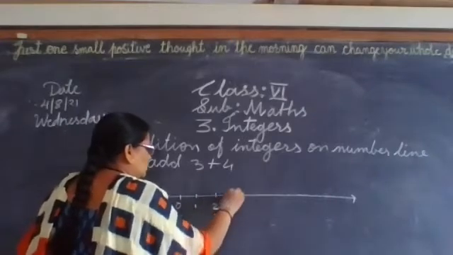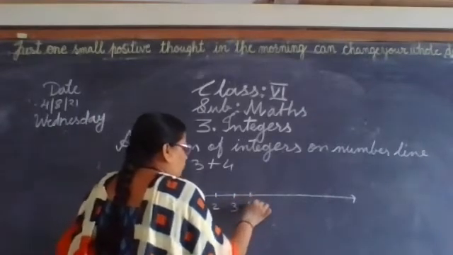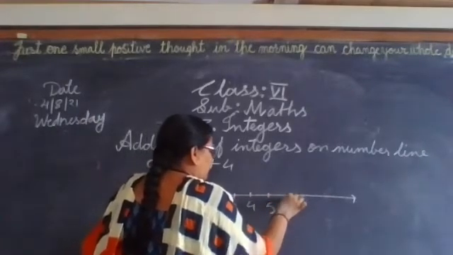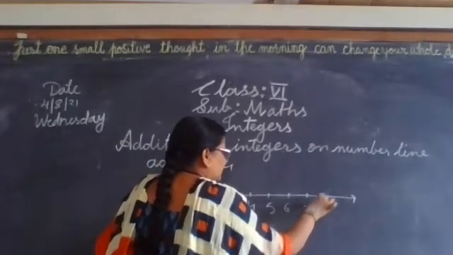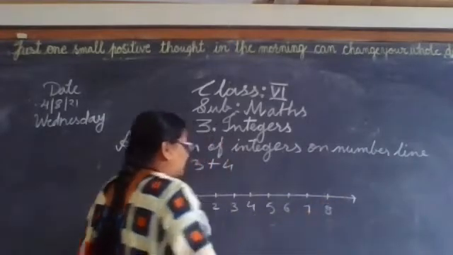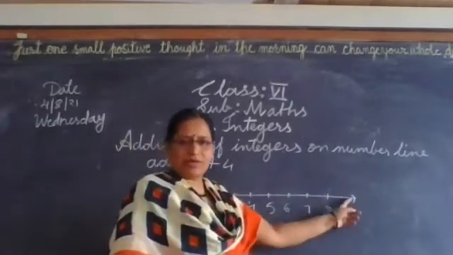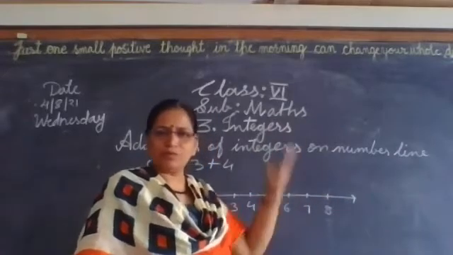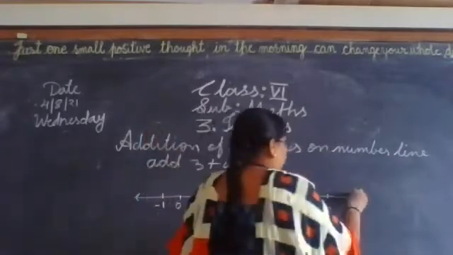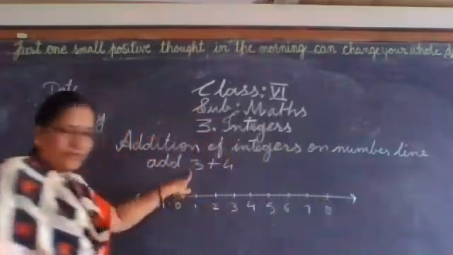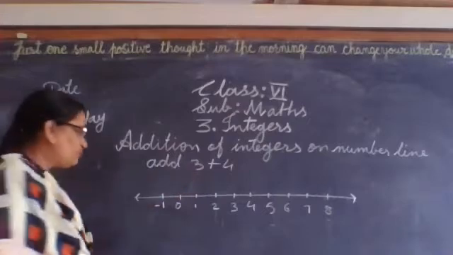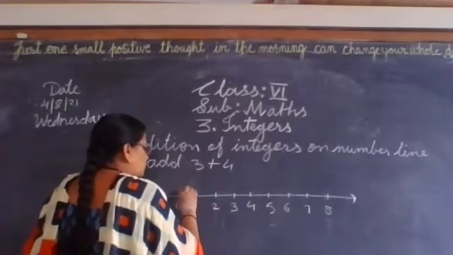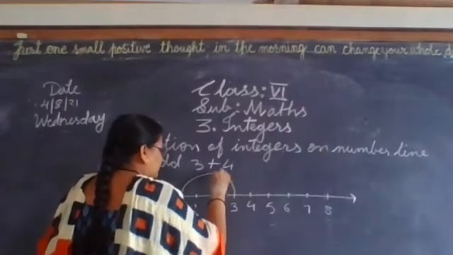1, 2, 3, 4, 5, 6, 7, and 8. See, again the arrowhead is given. Means all positive numbers are also infinite. First 3. So we will go from 0 to 3.